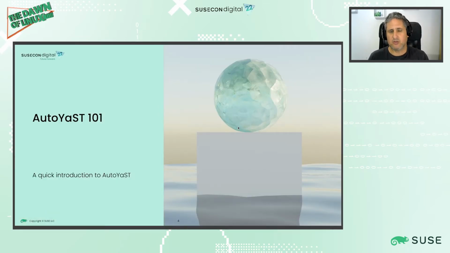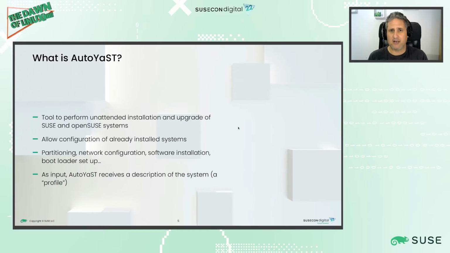AutoYaST is, as you already know, a tool that allows you to perform an unattended installation or upgrade of openSUSE and SUSE systems. So it allows not only to install or upgrade the system, but it's also possible to configure an already installed system because many yast modules have support for AutoYaST.